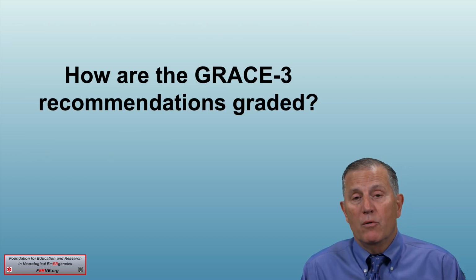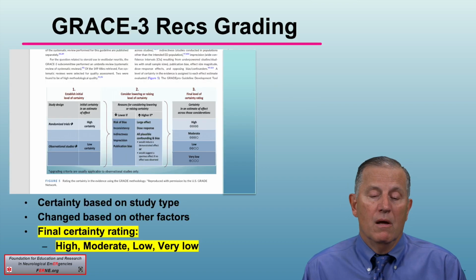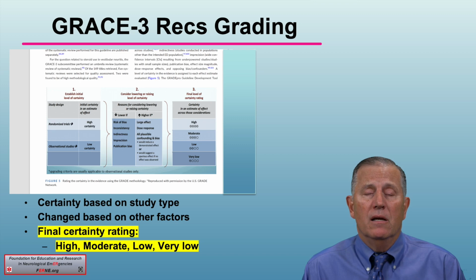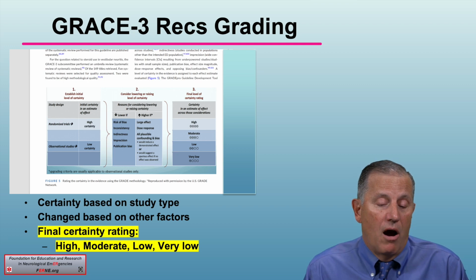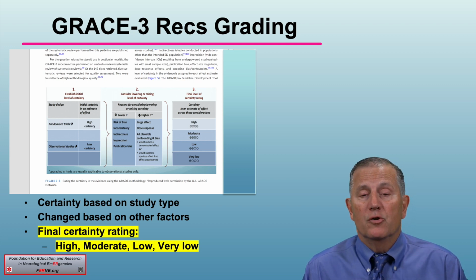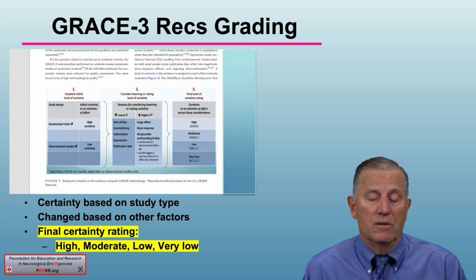How are the GRACE-3 recommendations graded? The GRACE-3 recommendations are based on the certainty that can be ascertained from the study type. In other words, those studies that are randomized and controlled give us the best information.